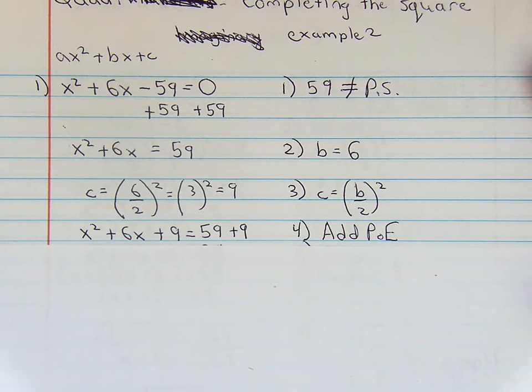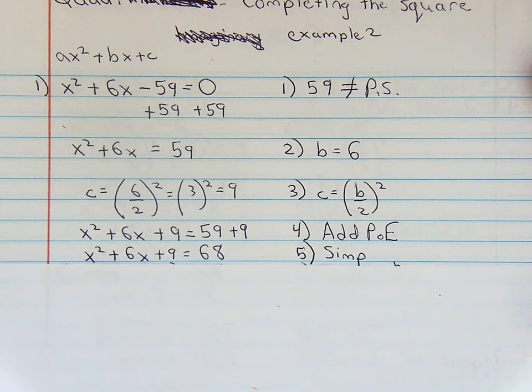Again, I am going fast, but you are welcome to pause the video and copy down the steps as we go. So I'm going to use the addition property of equality and add 9 into both sides of the equation and add it back into our equation. And I'm going to simplify.